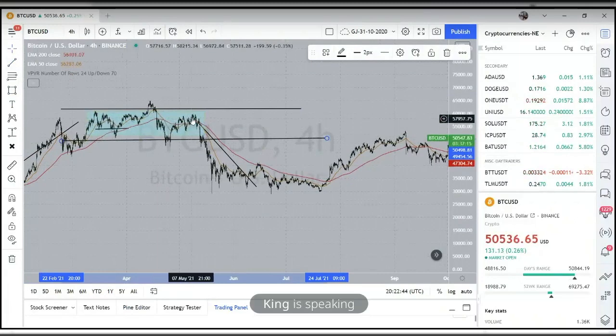If we get another breakdown after that, we would expect lower price, because once this low is broken, we know that we're now in a downtrend. And any returns to try and take out this high, we can then start looking at shorting to get in on the downtrend.